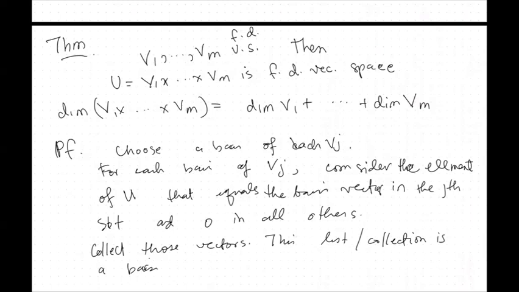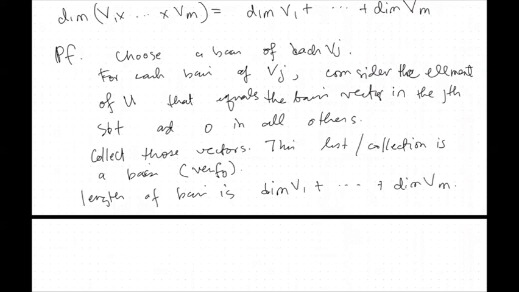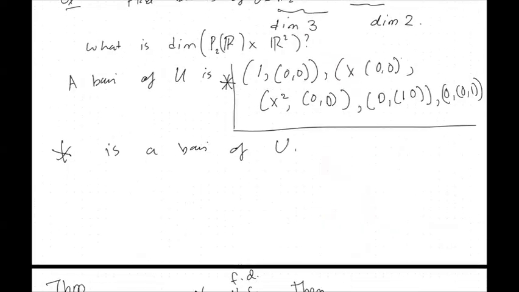Okay, so this is to verify, but this is clear from the context. So the length of this list of bases is the dimension of V1 plus up to the dimension of Vm. As an example, let us look at this one.